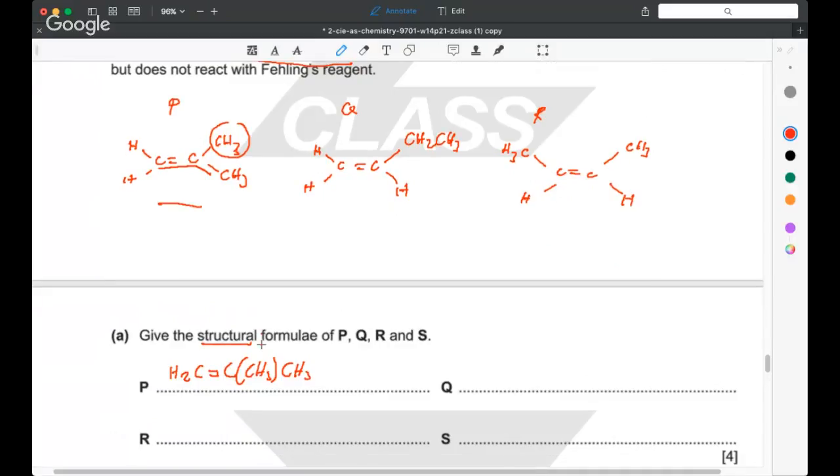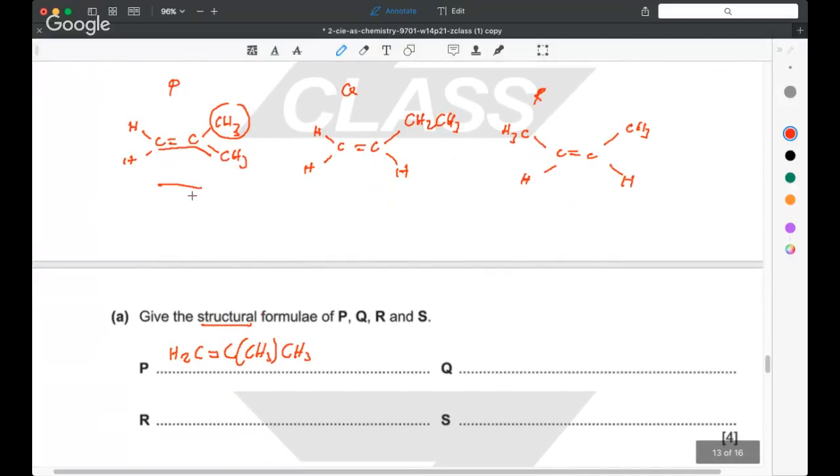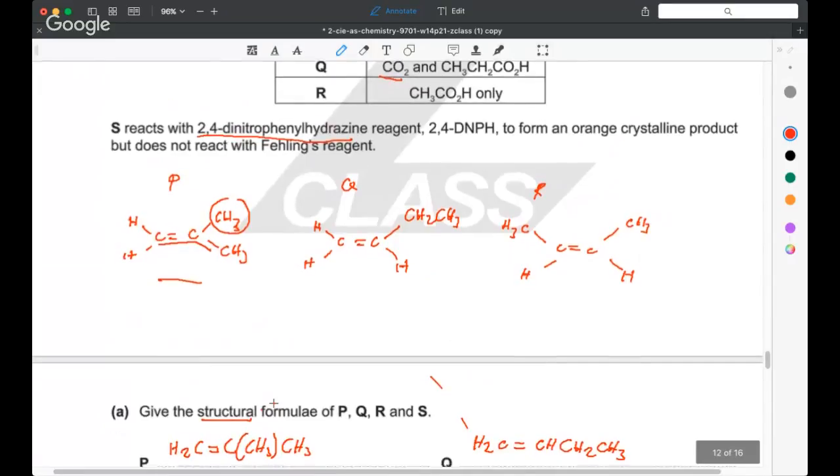And so let's have a look at Q, this one over here. Again, you've got that, haven't you? And then you've got your double bond, and then you've got your CH, and then you've got your CH2, CH3. And for R, you've got CH3, you've got CH, and the examiner is wanting you to write in the double bond for alkenes, and then CH3. And so those are the three structural formulae that we've worked out by looking at these displayed formulae here.